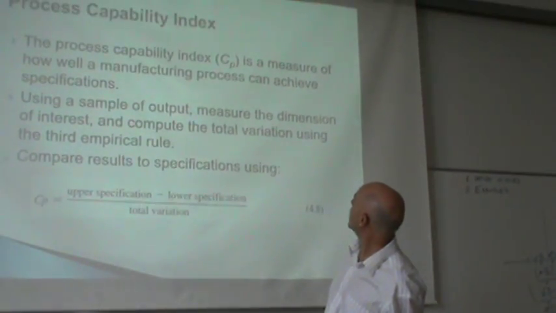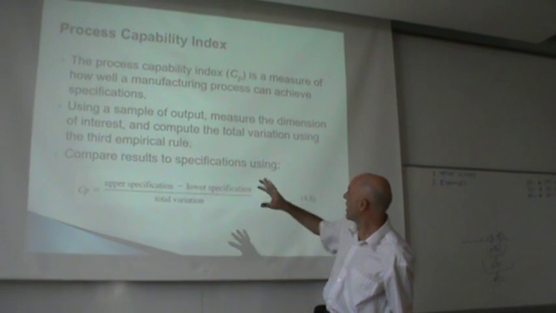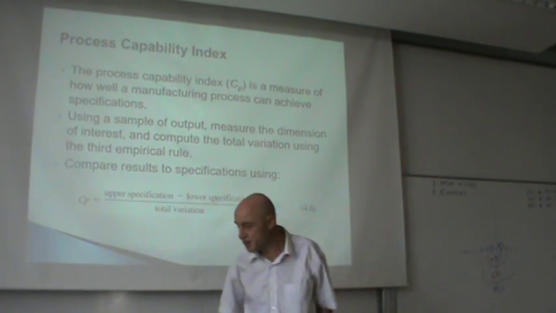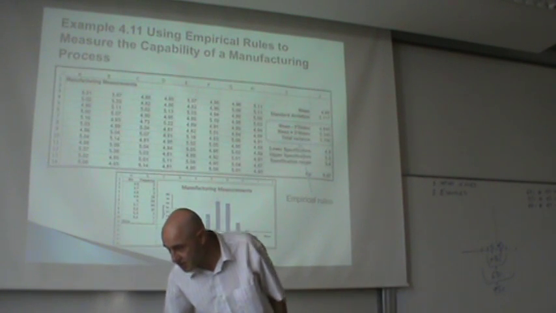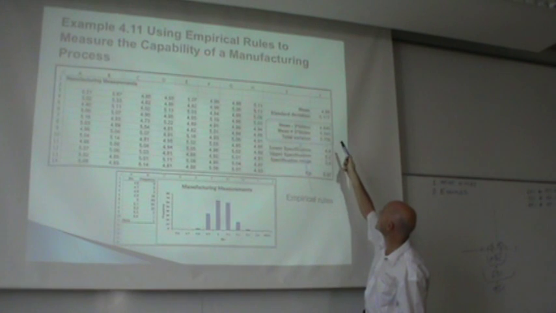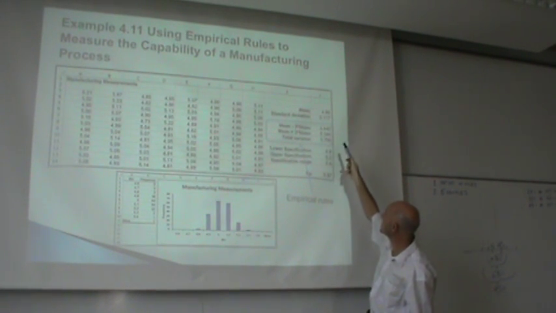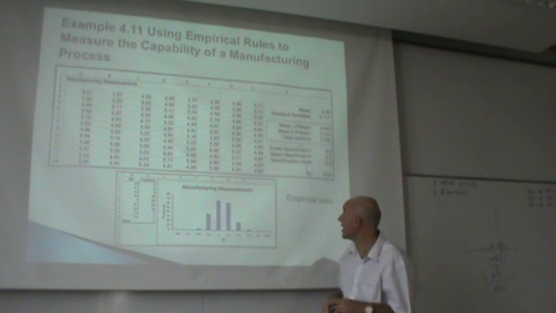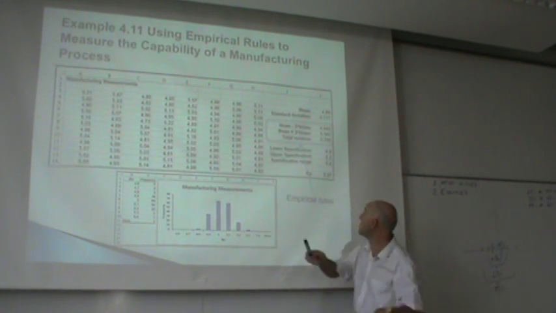Process capability index. How well? Okay, it's about the manufacturing process. Maybe we'll see. It's not very standard stuff. Again, you want to look at what's the mean and what's the mean plus or minus 3 standard deviations. It's a fairly straightforward calculation. You ask, tell me the mean.